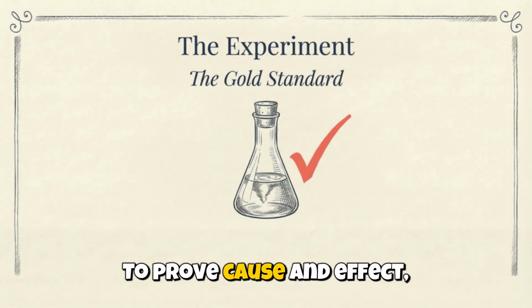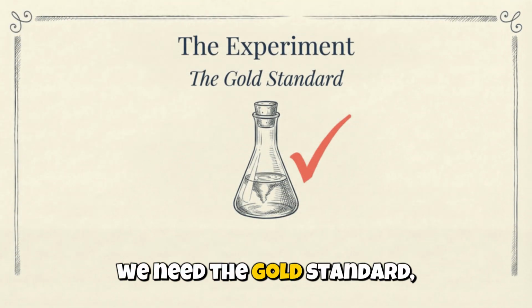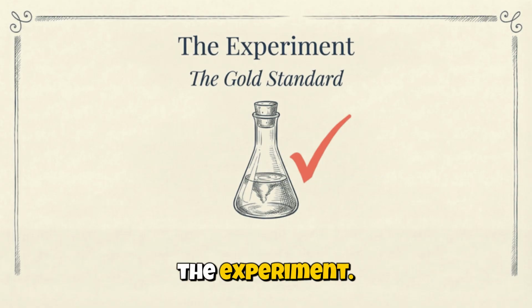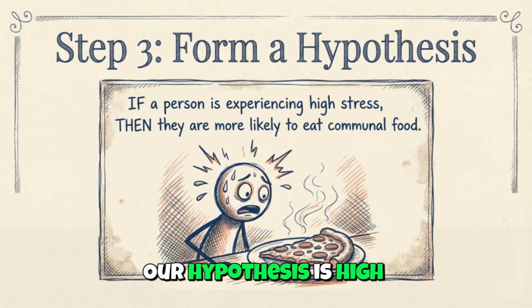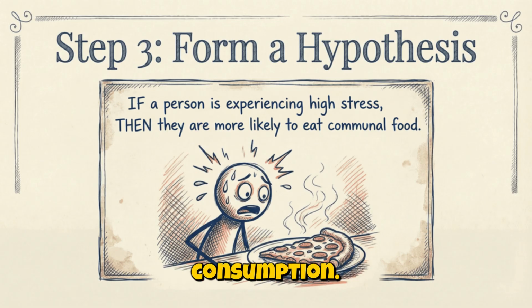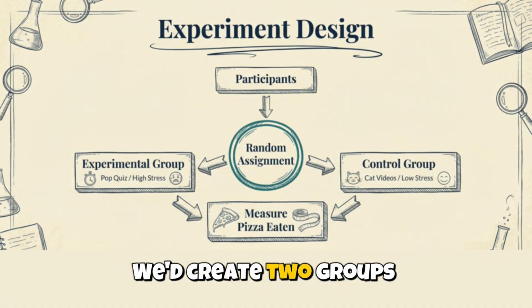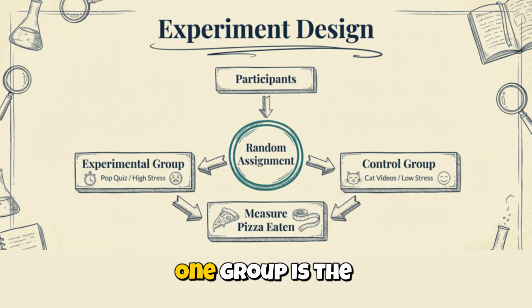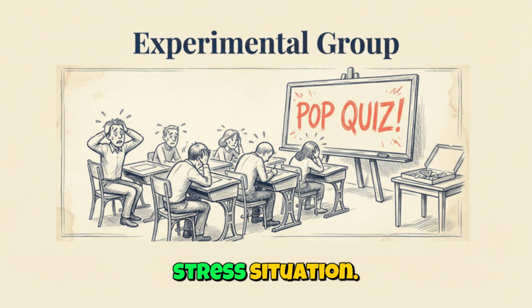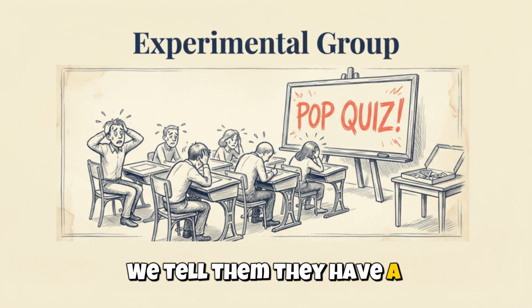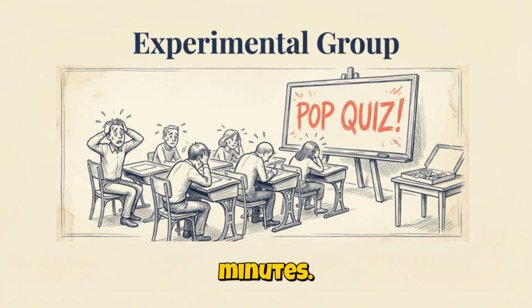To prove cause and effect, we need the gold standard, the experiment. Let's design one. Our hypothesis is high stress causes pizza consumption. We'd create two groups through random assignment. One group is the experimental group and gets put into a high-stress situation. We tell them they have a surprise pop quiz in 10 minutes.